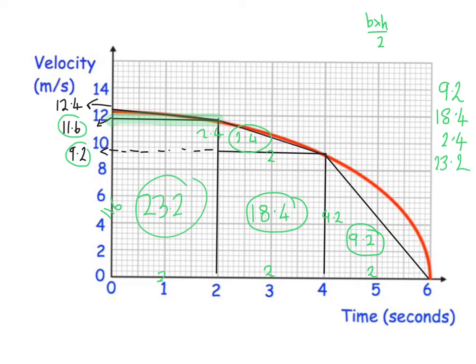And then we've just got that last triangle here, a base of 2 again, and a height between 11.6 and 12.4. So 12.4 take away 11.6 is 0.8. So if I just redraw this triangle here, I've got a base of 2, height of 0.8. Again, base times height divided by 2, I'm going to be left with 0.8.